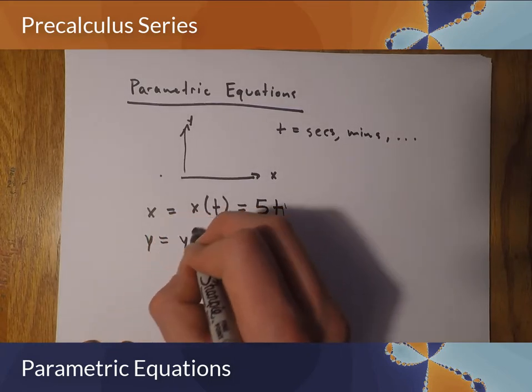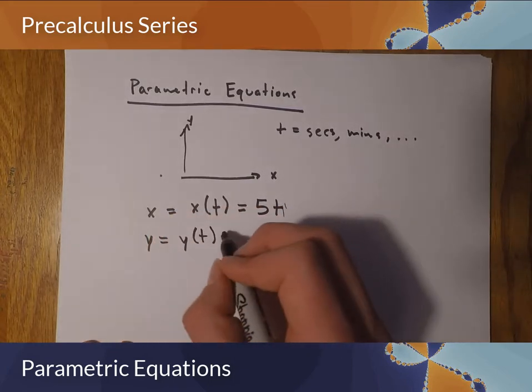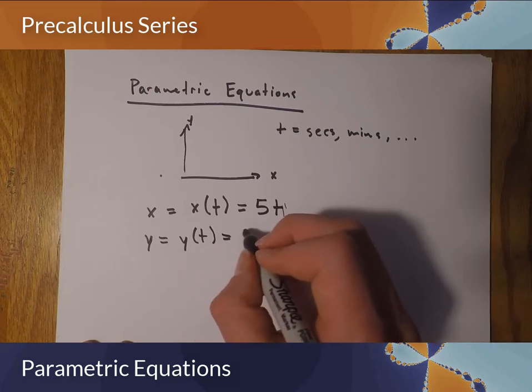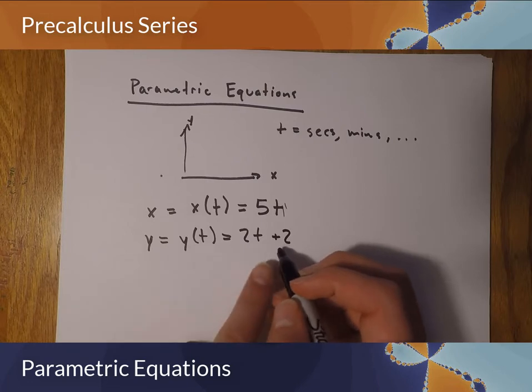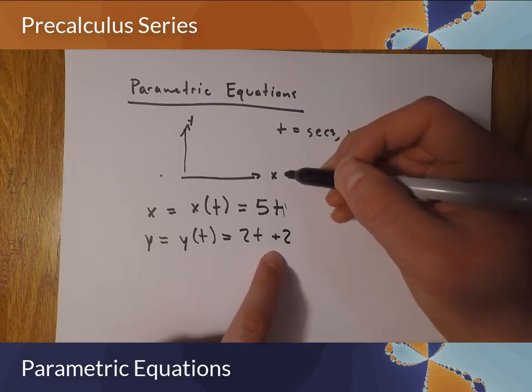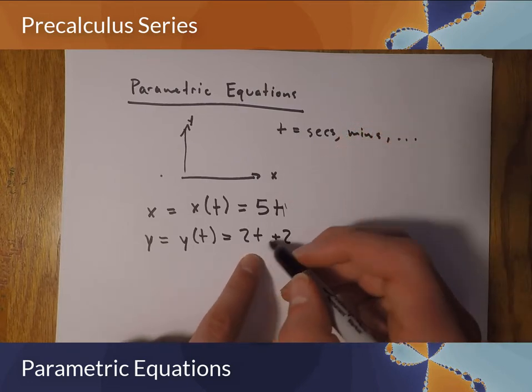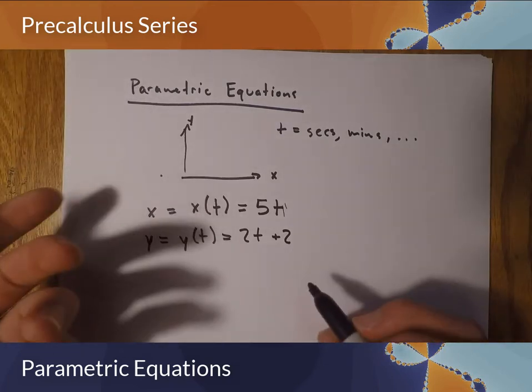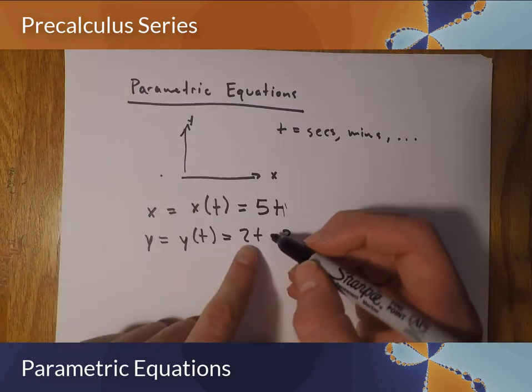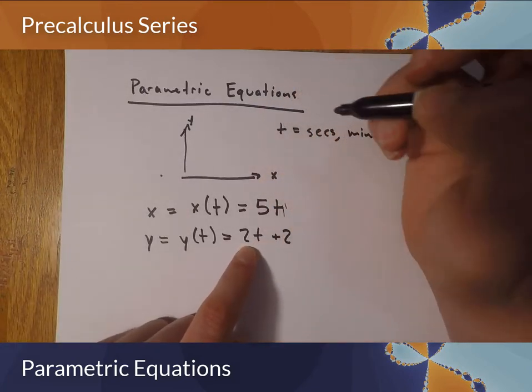So y equals, in function notation again, y of t, and that equals maybe 2t plus 2, which means that it starts 2 up in the y direction, and then every second it moves at 2 meters per second, so to speak. Let's say the distance is covered in meters. It'll be like 2 meters per second in the y direction.